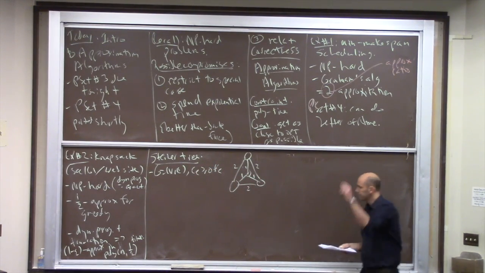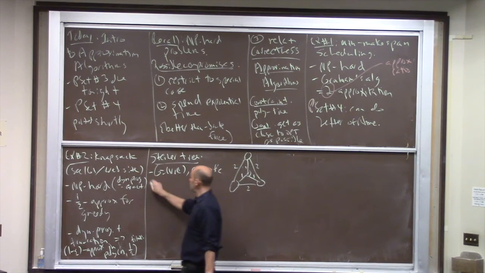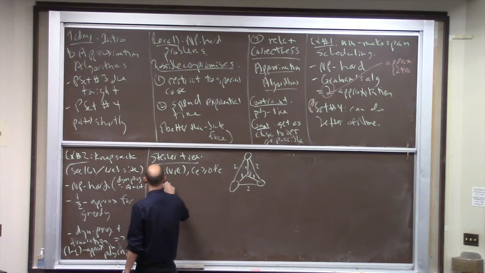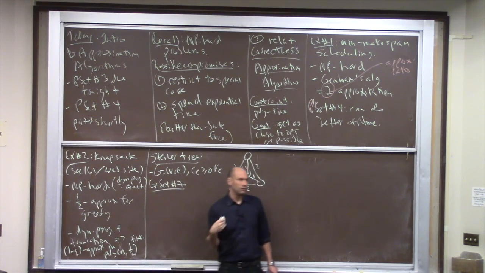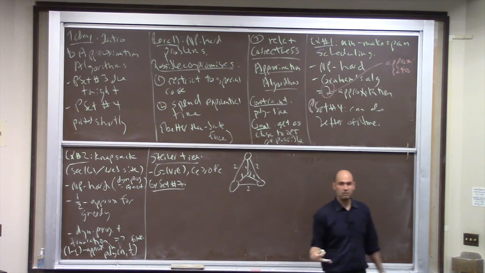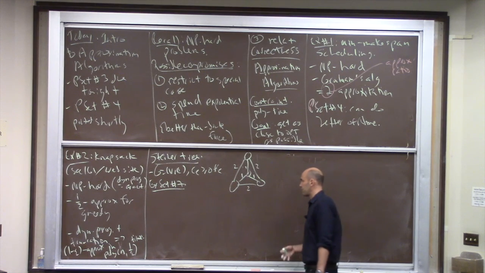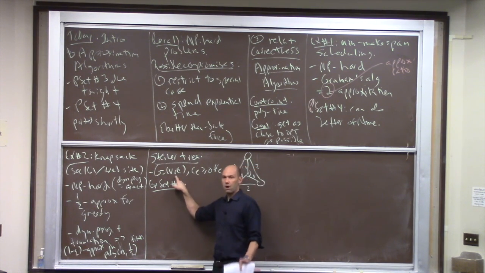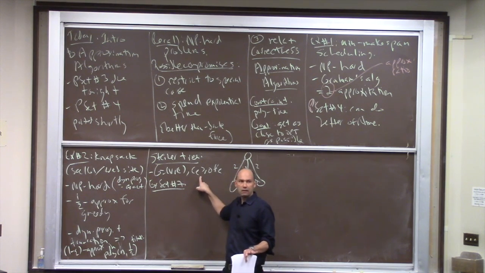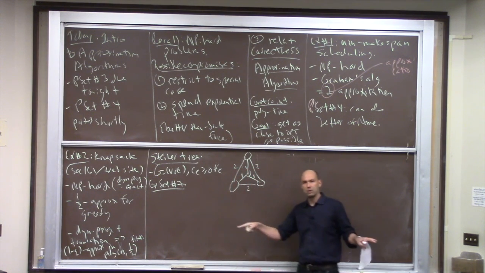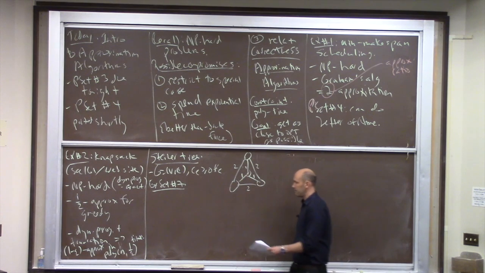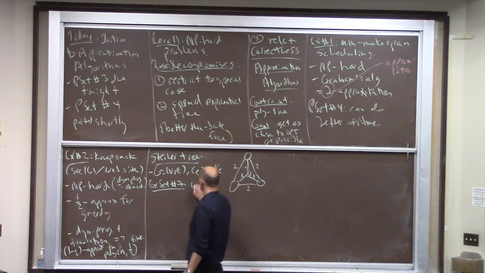And one thing I asked you to think through last week on exercise set number 7 was why there's no loss of generality in restricting ourselves to the metric special case. What's the metric special case? It means the graph, first of all, is complete. Every edge is there. Second of all, the edges satisfy the triangle inequality. So the shortest path between 2 points is just the one-hop path between the 2 endpoints.